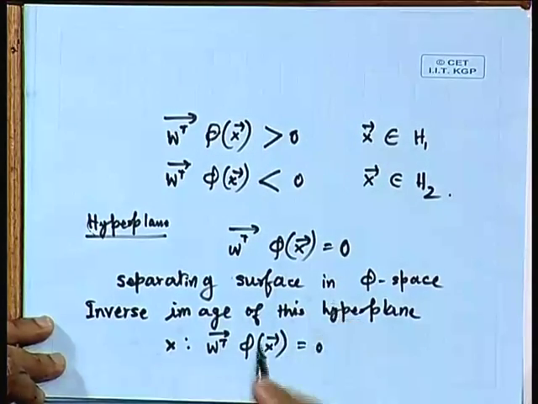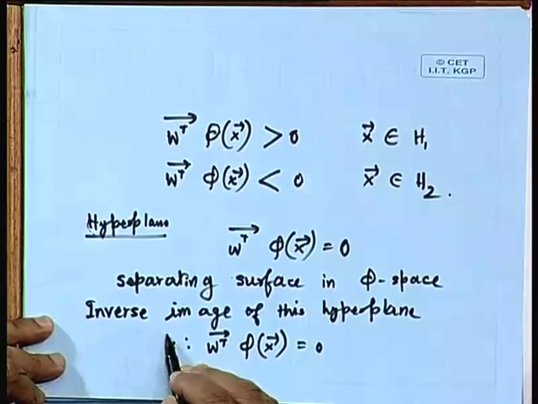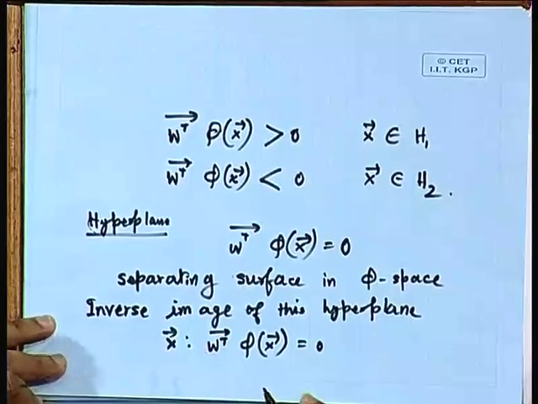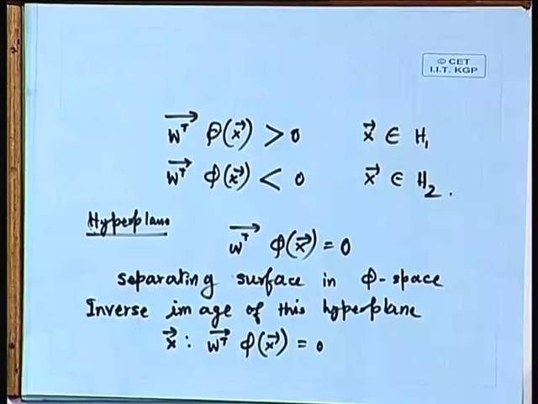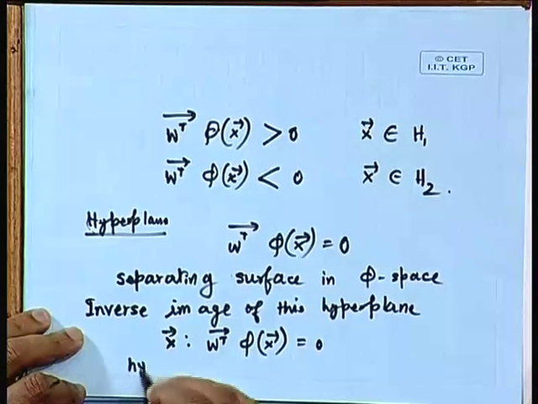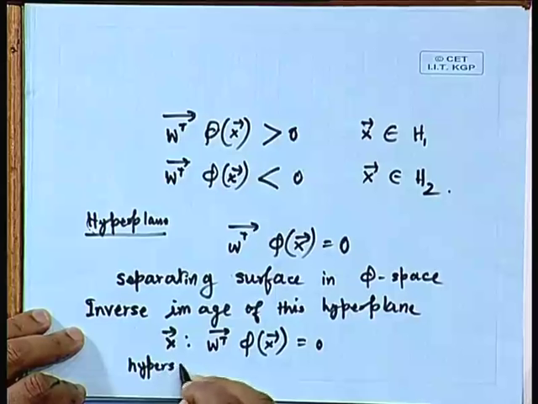If we do the inverse mapping of this into the x space, that will define the separating surface in the input space, which is not a hyperplane anymore, it is a general hypersurface.